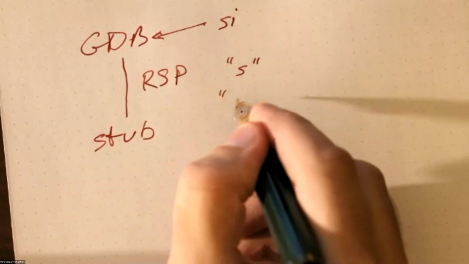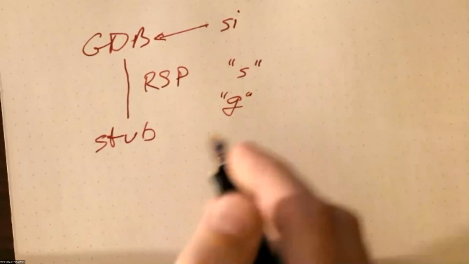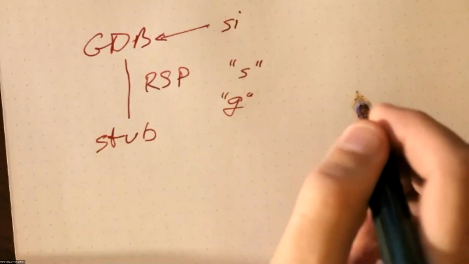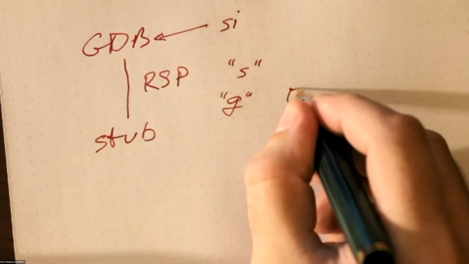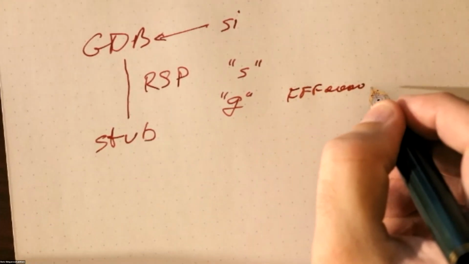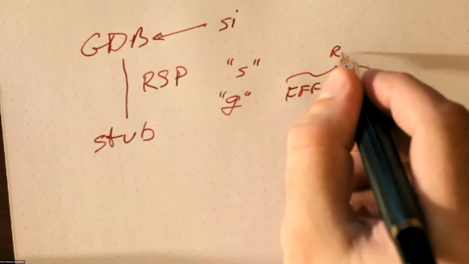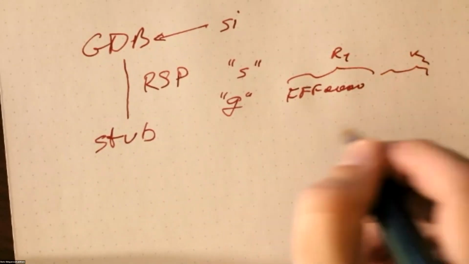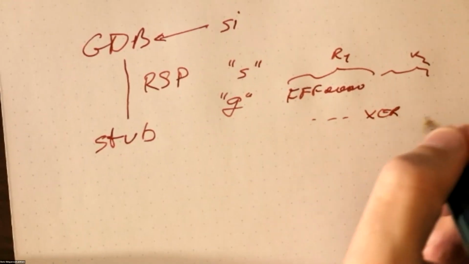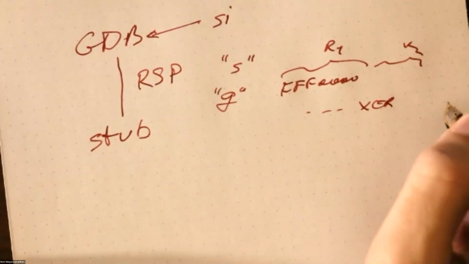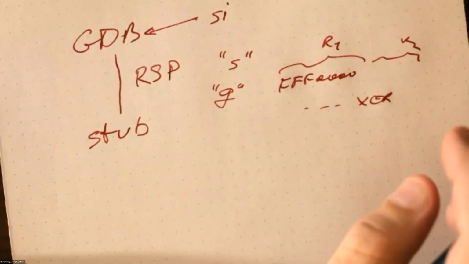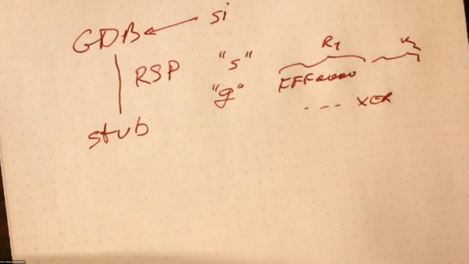So you send this G packet, and the stub sends you on this socket just an ASCII thing, it just says, I don't know, FFFF0000, and then right next to it, this is going to be your register 1, and then register 2, and somewhere towards the end is going to be your exceptions and flags and program counter and all that. And this is all of the values of what is in your registers.